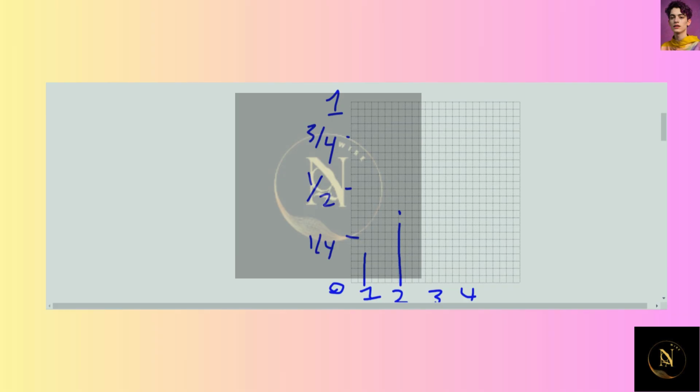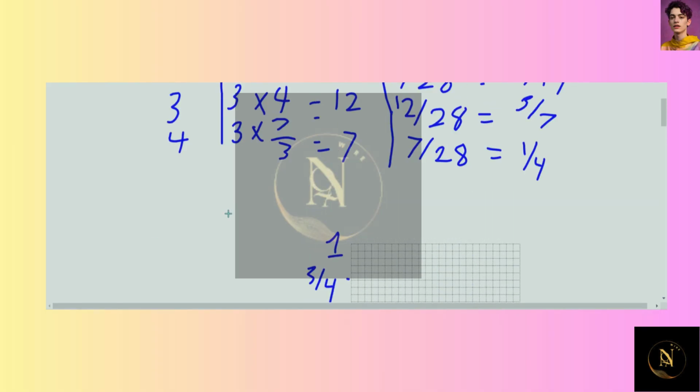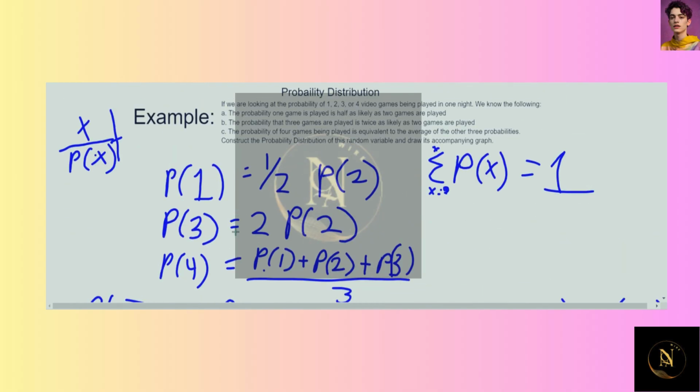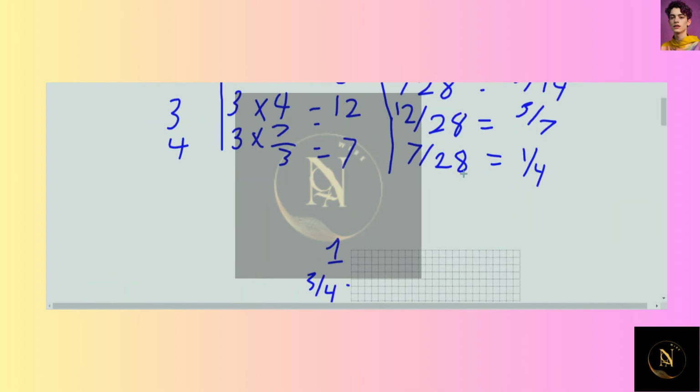Next, we have 12 28ths, which is almost 1/2, right about there. And then our next 7 28ths is right at 1/4. And that is our graph for our probability distribution as well as the probability distribution table for this random variable.